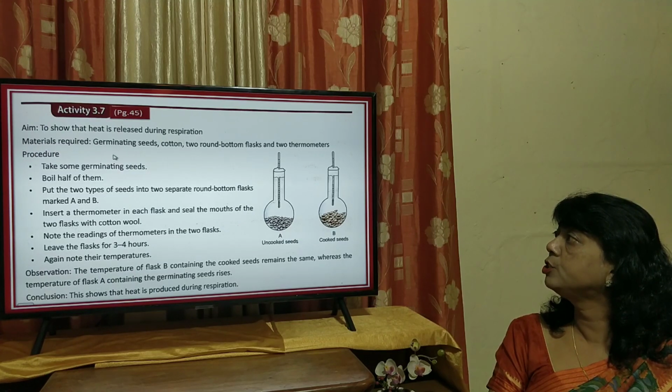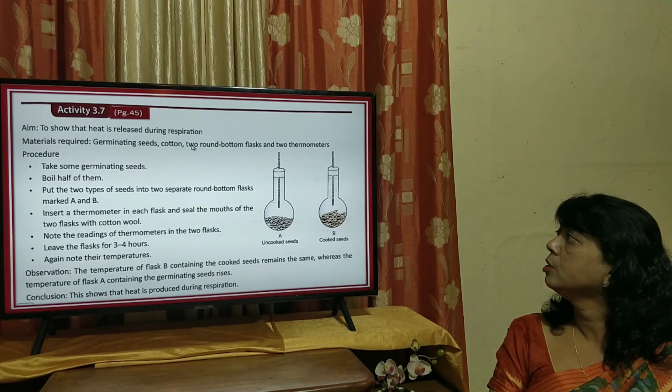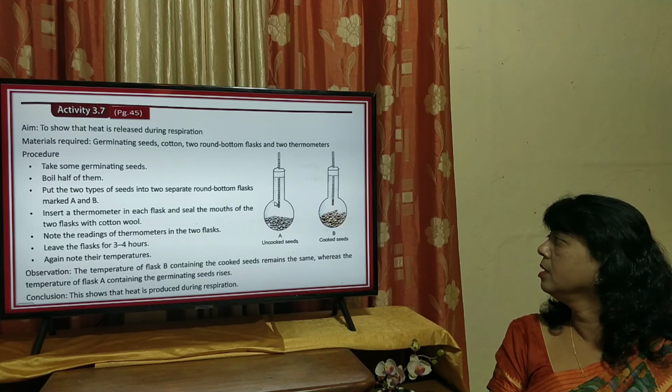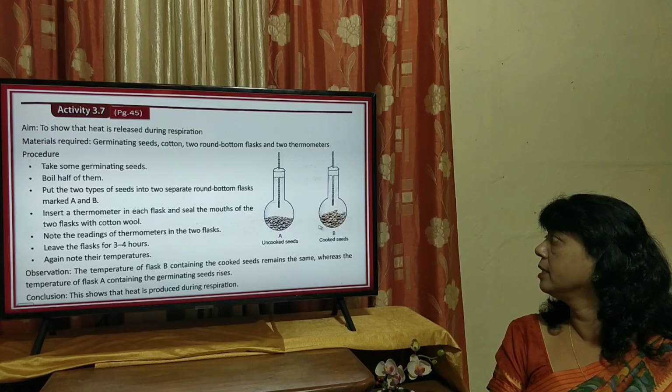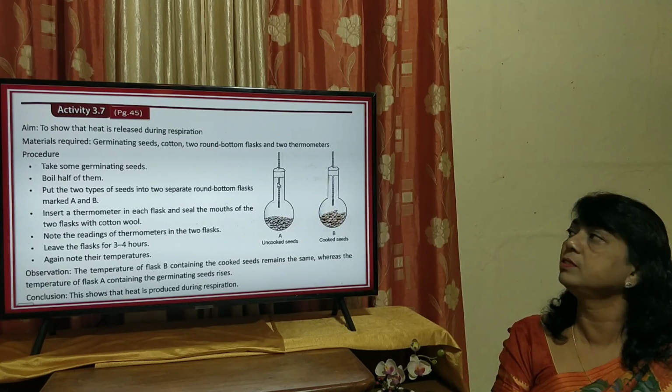We need germinating seeds. We need cotton to plug the flask like this. Two round bottom flasks. These are called round bottom flasks because you can see their bottom is round. And two thermometers. You might have seen thermometers at home.